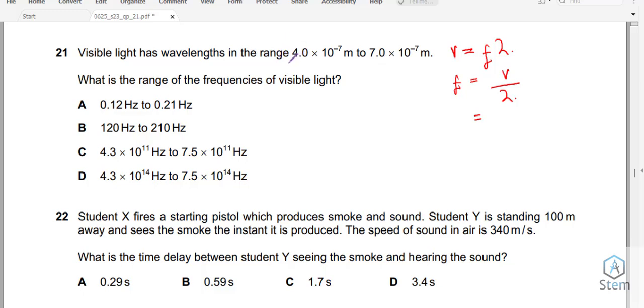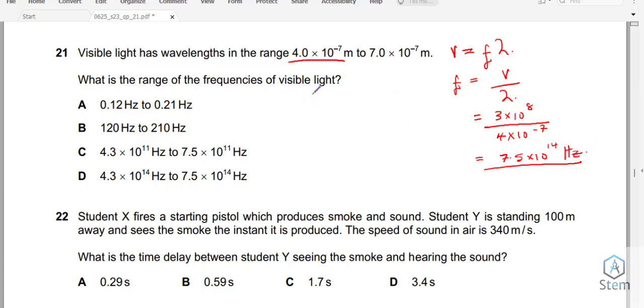When the wavelength is 4 times 10 to the minus 7, what is f? 3 times 10 to the power 8, which is the speed of all electromagnetic waves, including visible light, divided by the wavelength, which is 4 times 10 to the minus 7. This is going to give us this frequency.